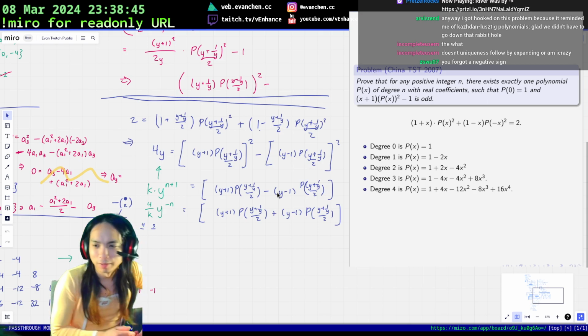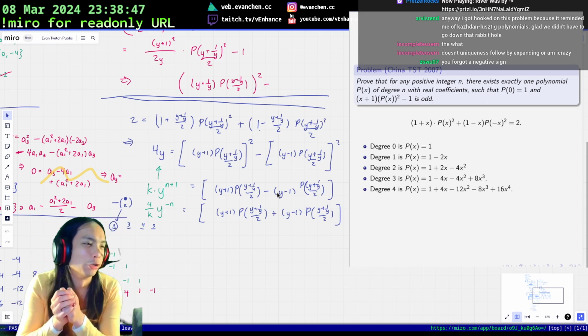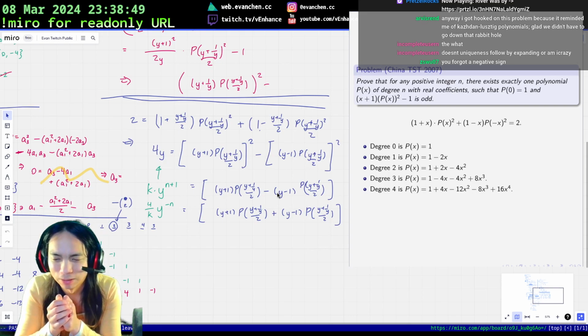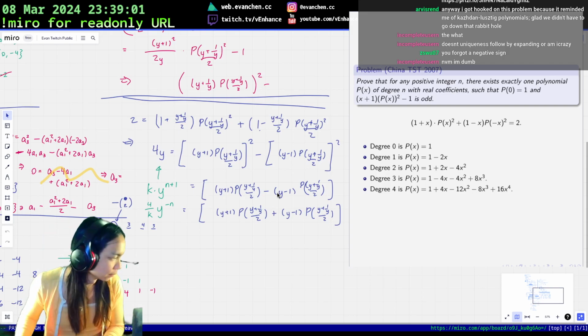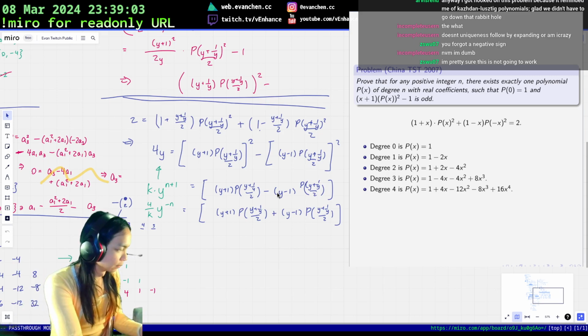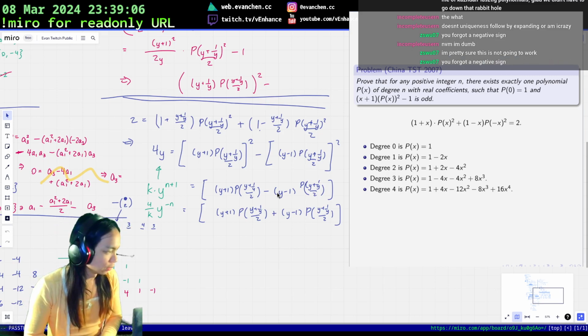I forgot. Yeah, actually, I should just type this up now. This is going to work, because it's going to work. So I should just properly typeset it. You forgot a negative sign.